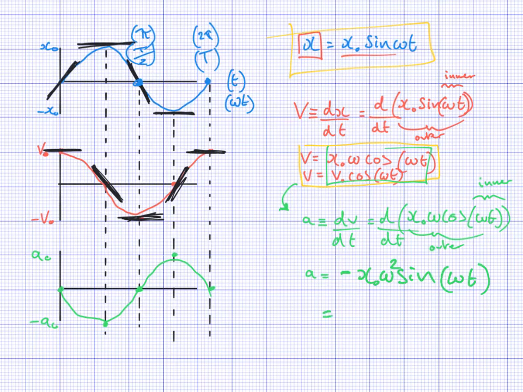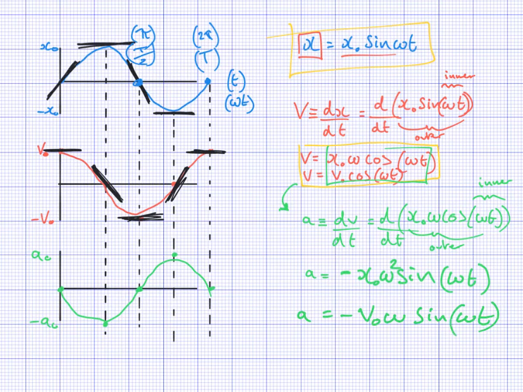Or, since we know that x naught omega is v naught, which we said here, we can also just say that the acceleration is negative v naught omega sine omega t.